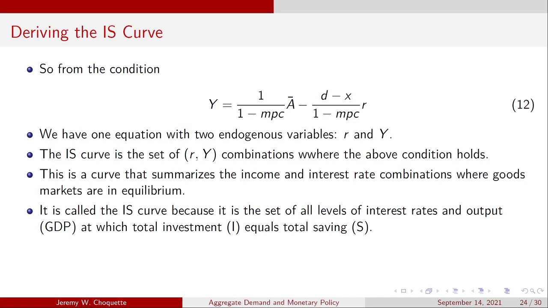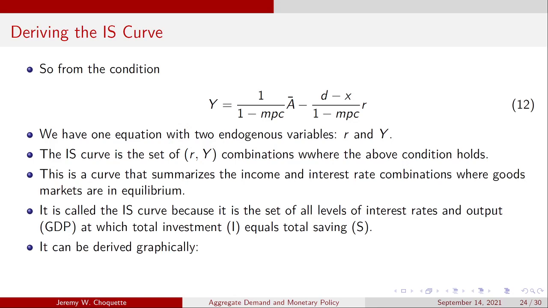So there's a bunch of different ways to think about this, but the way that we're really going to be approaching it from a policy perspective is that it's a downward sloping curve that essentially summarizes fiscal policy interventions and sources of demand shocks, like shocks to consumption, investment, or government spending, which is fiscal policy.